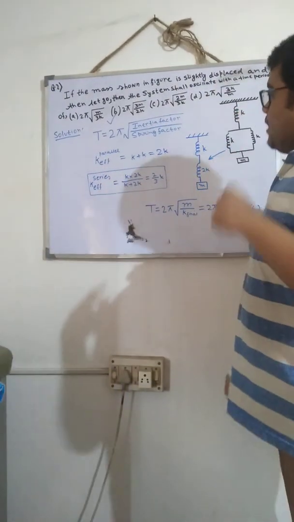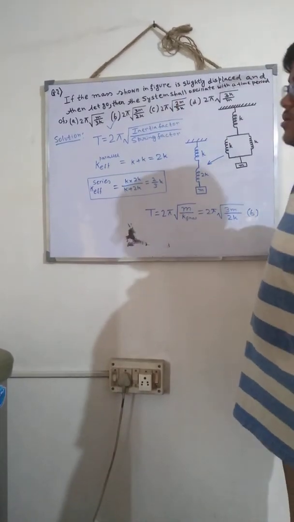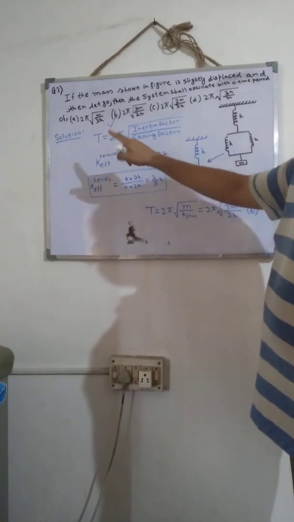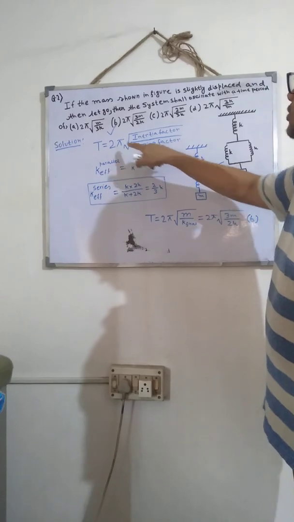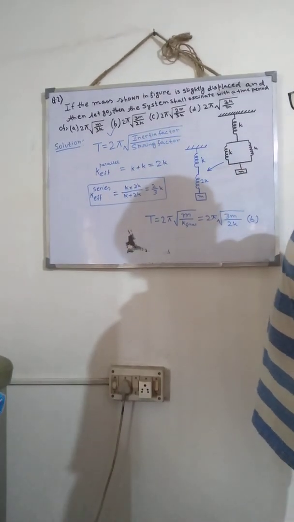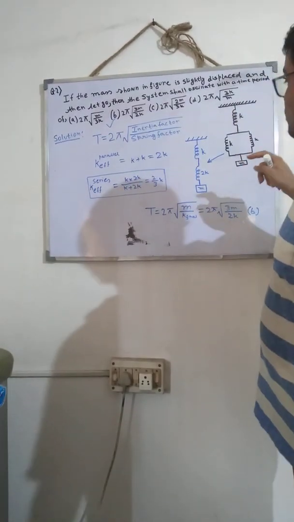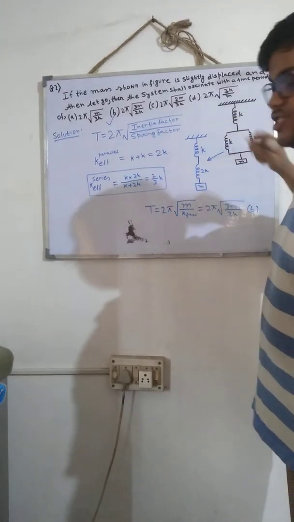So I am once again briefing the whole numerical in front of you. To calculate the time period of oscillation, we have used this formula, that is T = 2π under root inertia factor by spring factor. First of all, we deal with this configuration. We have witnessed that these two springs are connected in parallel combination.